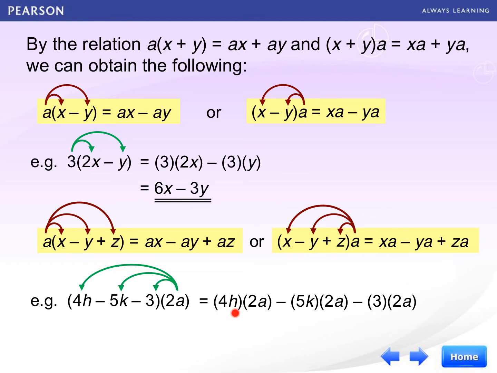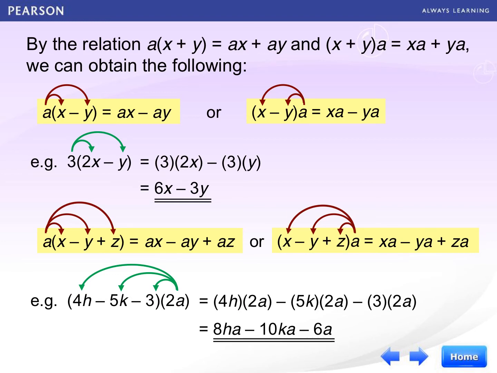So you get 4h times 2a minus 5k times 2a minus 3 times 2a.